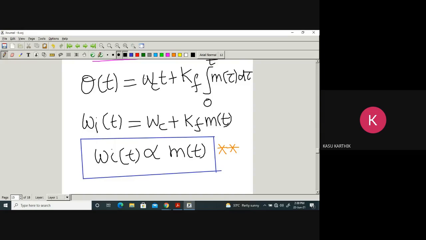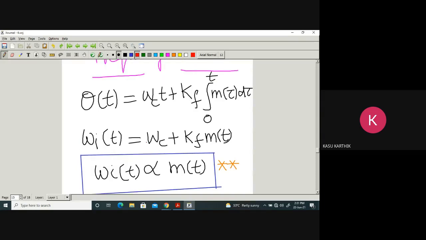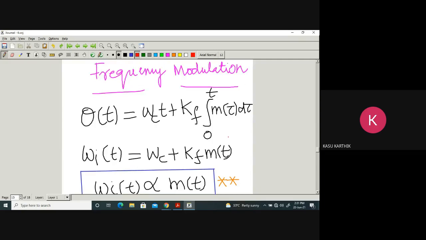In phase modulation, omega i was proportional to m dash of t, the derivative of m of t, but here it is proportional to only m of t. So omega i equals omega c plus kf m of t. Obviously, by integration, we get omega c t plus kf times the integral from 0 to t of m of tau d tau.